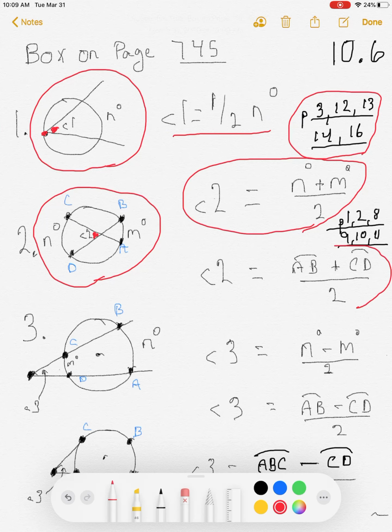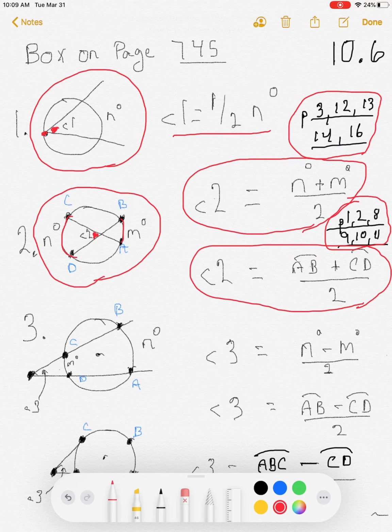Or another way of saying that is take the arc AB, this arc right here, add to it the arc CD, divide by 2. Let's take a look at some examples of that. You see that problems 1, 2, 8, 9, 10, and 11 all use this principle.